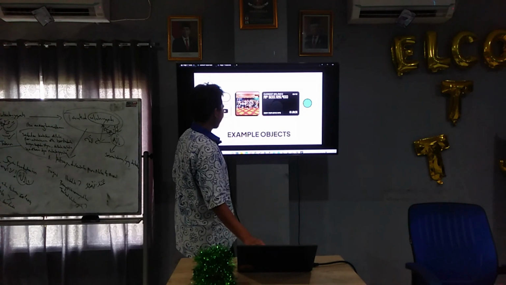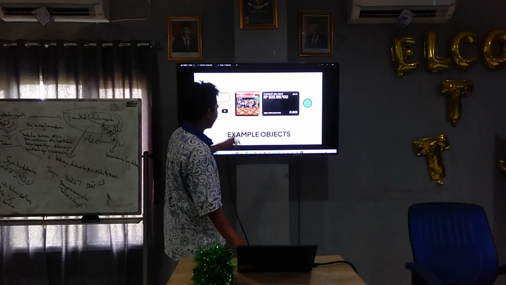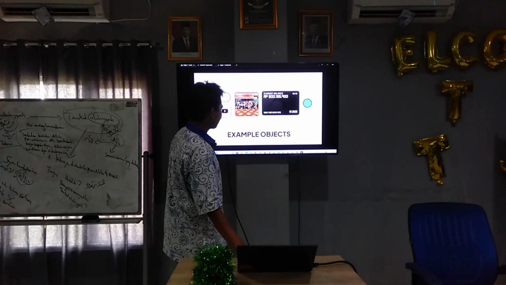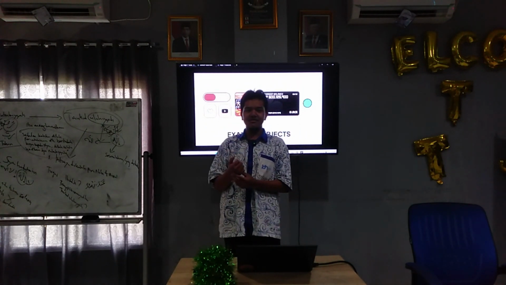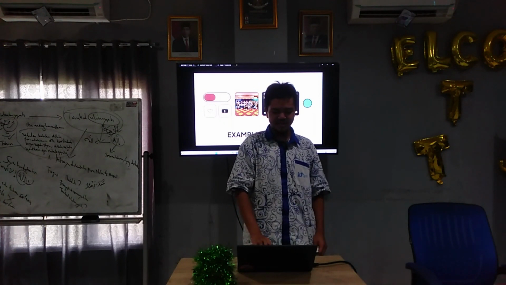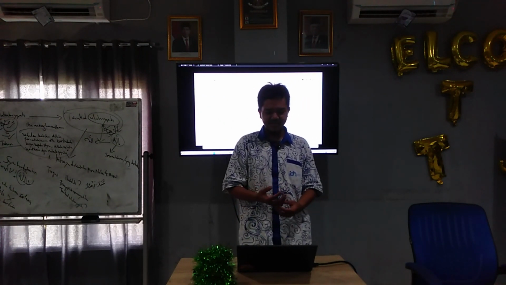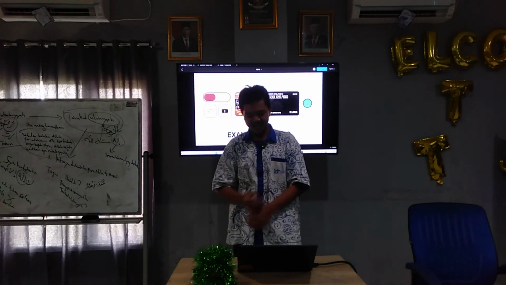Also, if I move the cursor here, the image moves like this. The prototype features can also make objects redirect to a link or website. For example, when I click the YouTube button, it redirects to my channel. So, the prototype can be used like that.